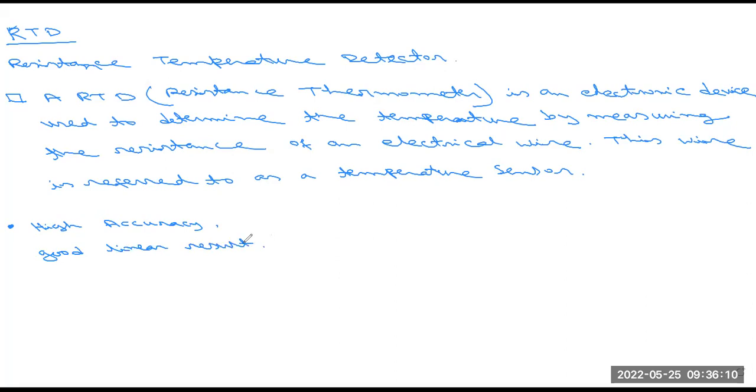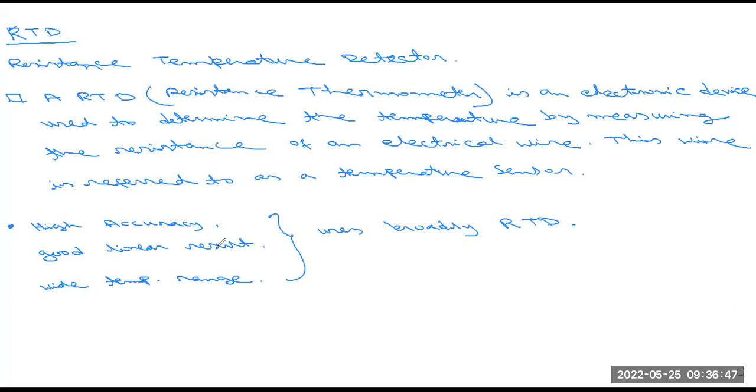Another one, it has a wide temperature range. So these are the three reasons why we broadly use the RTD. These are the basic reasons we use this in our industrial applications for temperature measurement. It has high accuracy and good linear results.